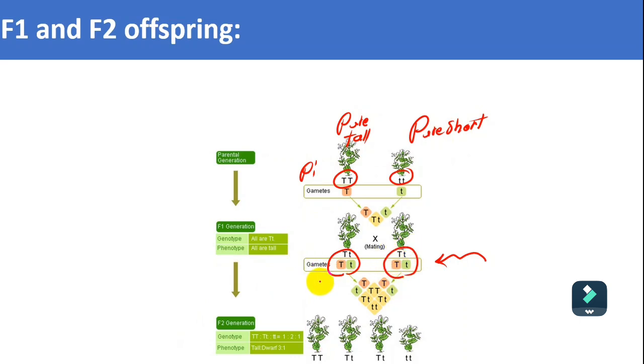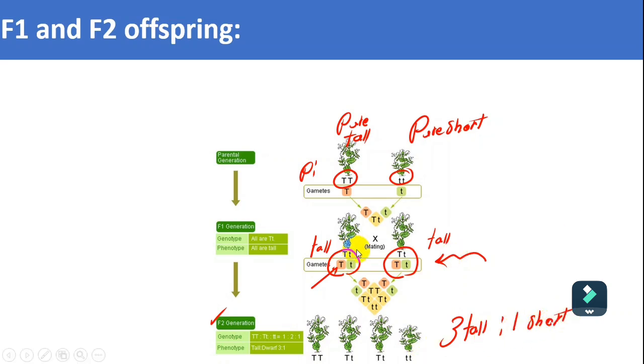If you have only one capitalized letter, one uppercase letter, this means that the trait is a strong trait, tall pea plant. So this one is tall and this one also is tall. And the second generation becomes three tall pea plants and only one short pea plant.